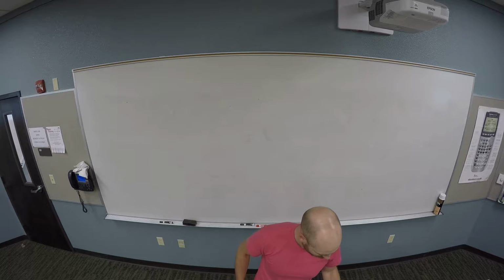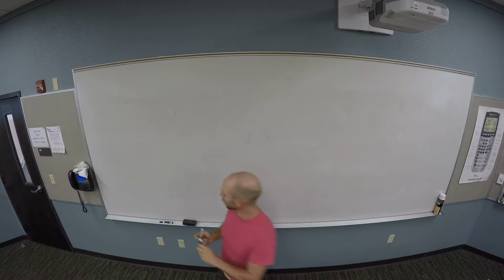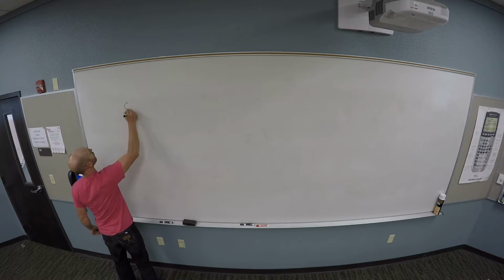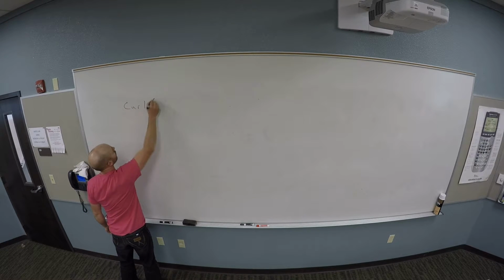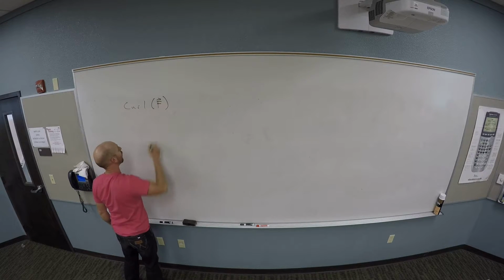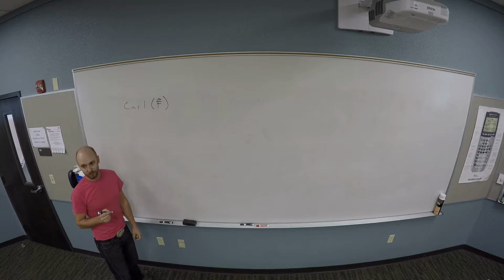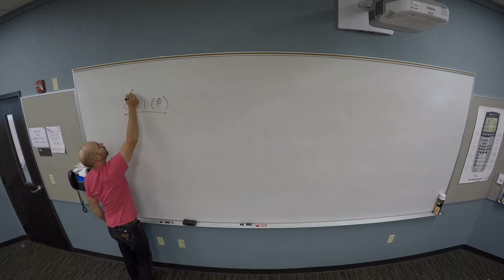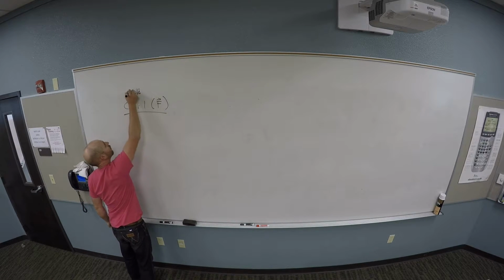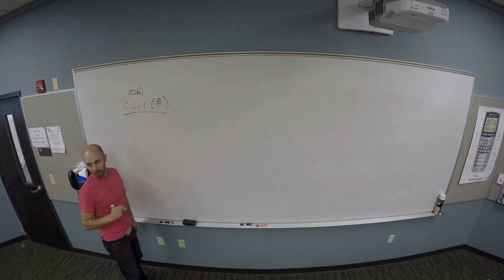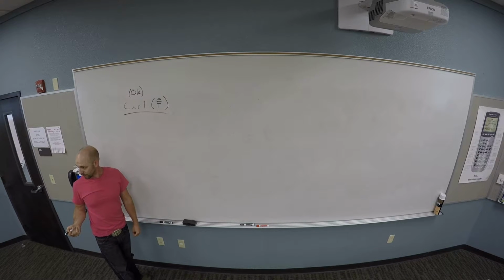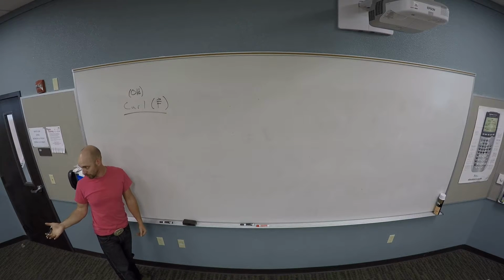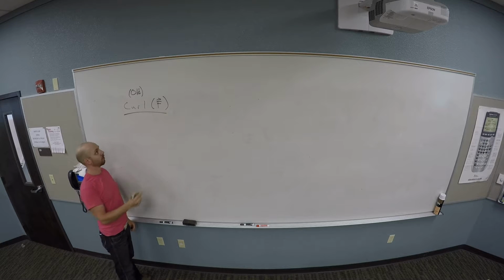Cool. So what was the old definition for curl? So curl of F, the vector field. How did I calculate it? Yeah, there was a 2-dimensional and a 3-dimensional version. Let's go with just the 3-dimensional. How did I calculate that?